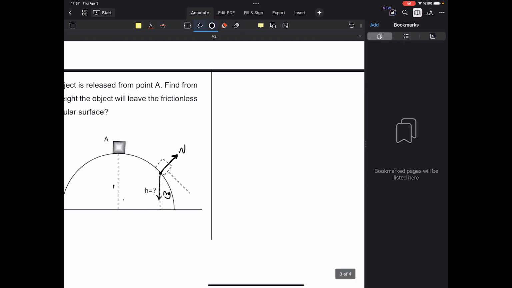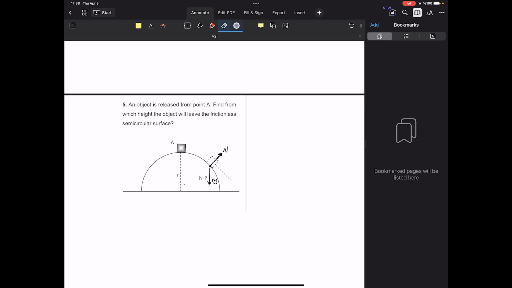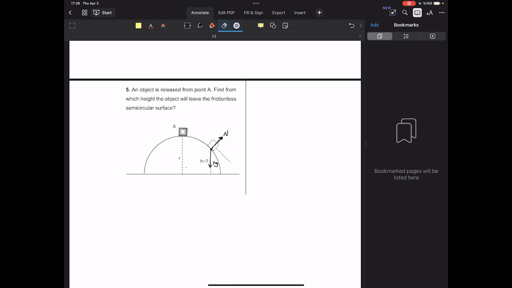For example, you could have a circular path like this, and the object's going like this, and you could be asked to find when it falls off, and that's again when the normal force is equal to 0, at which point the object ceases contact with the surface.